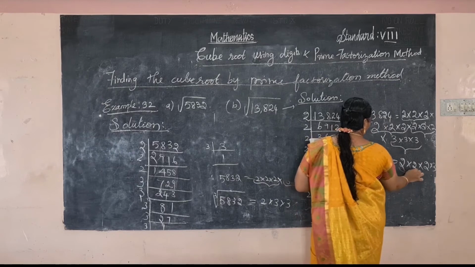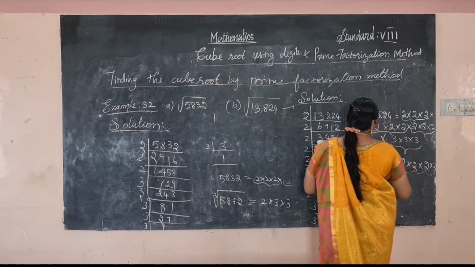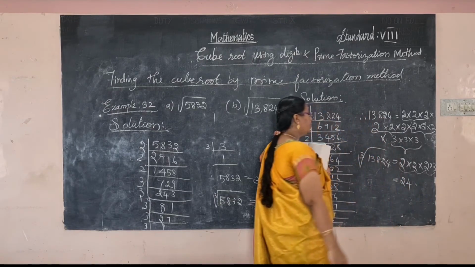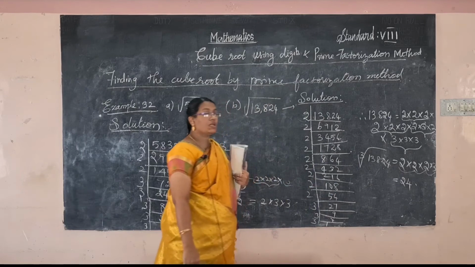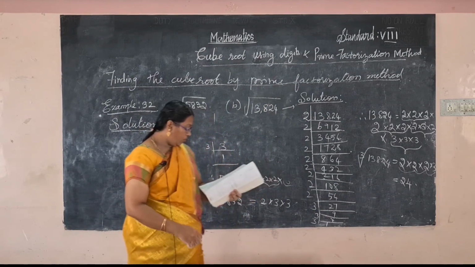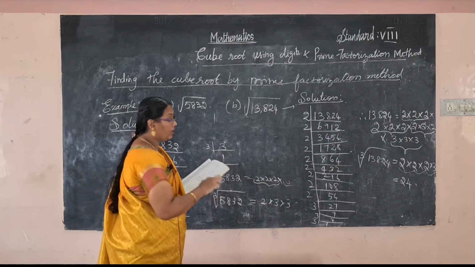Now multiply: 2 2s are 4, 4 2s are 8, 8 3s are 24. Therefore the cube root of 13,824 is equal to 24. Okay, now see example 33.